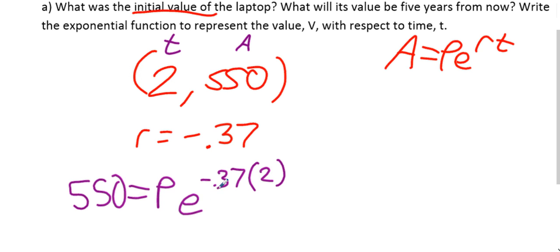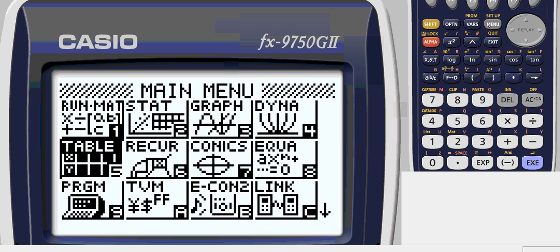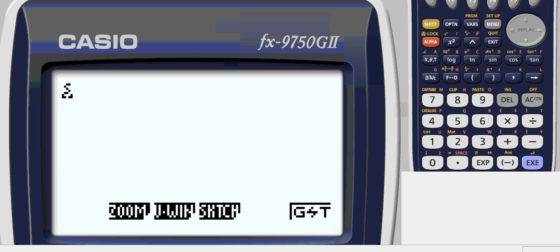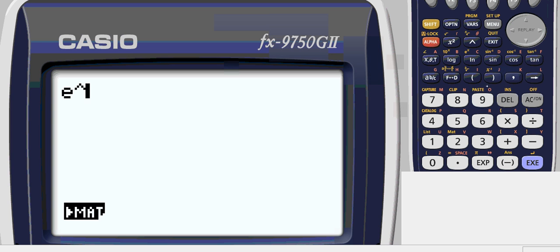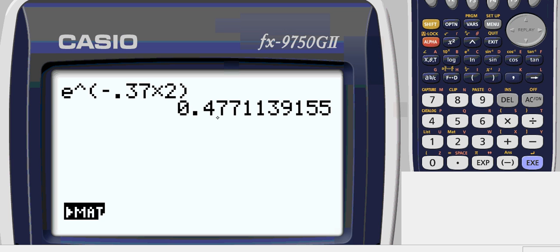So e to the negative 0.37 times 2. Negative 0.37 times 2 is negative 0.74, and e to that power is 0.477.